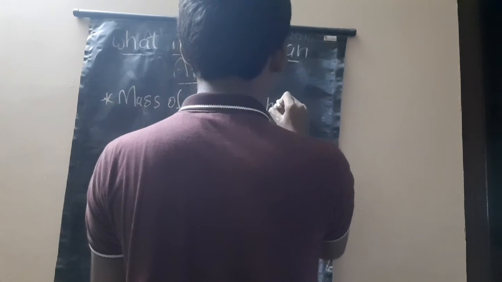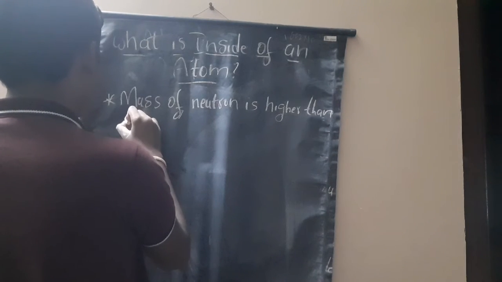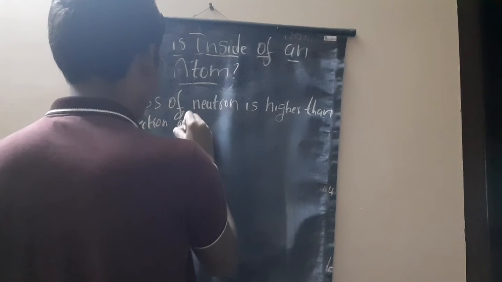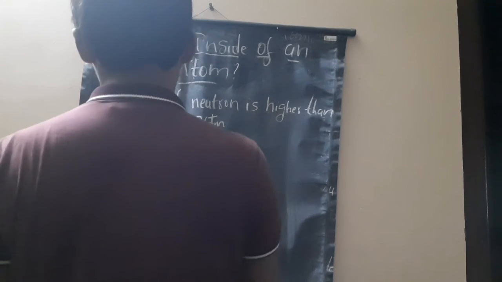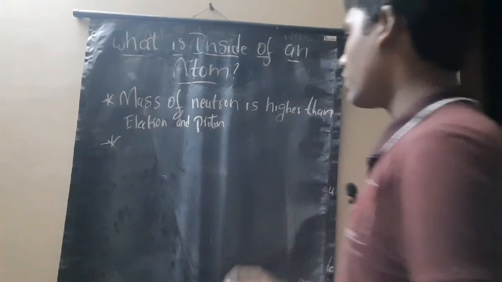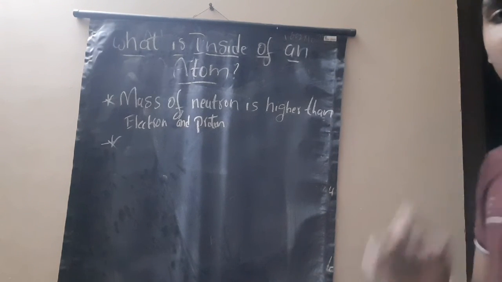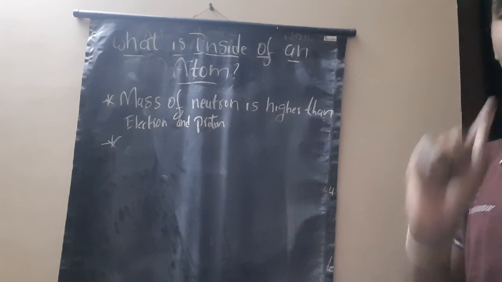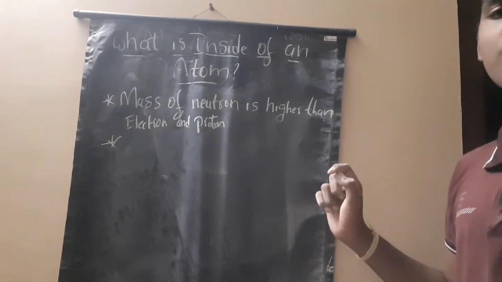The mass of the neutron is higher than that of the electron and proton. Another important point: the mass of the electron is 1836 times lesser than that of the neutron and proton.